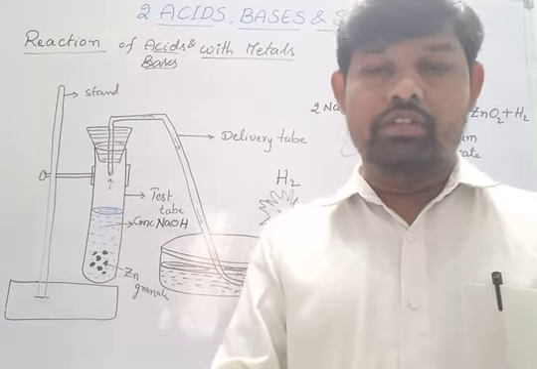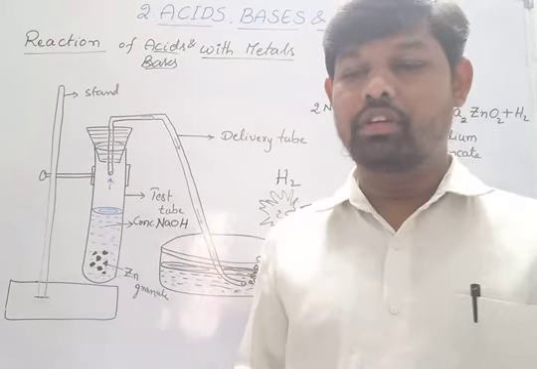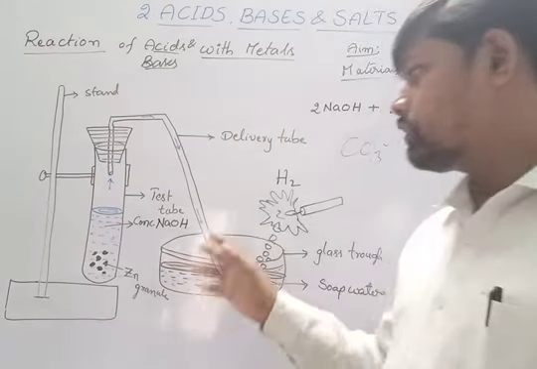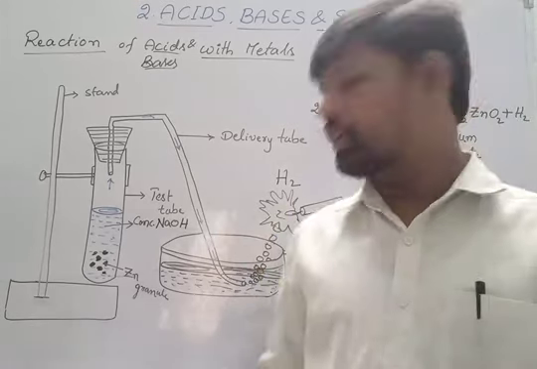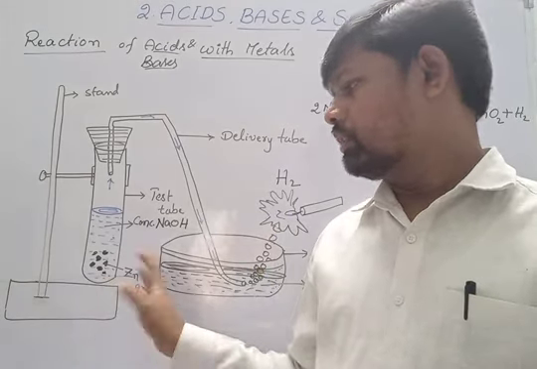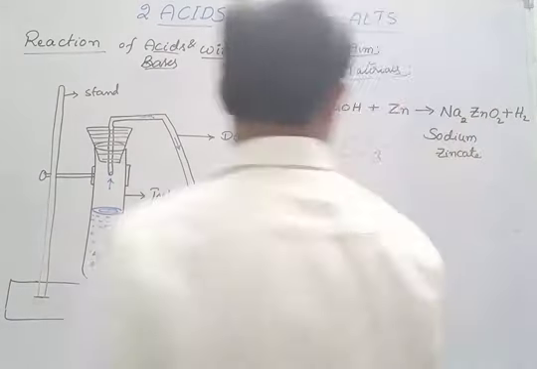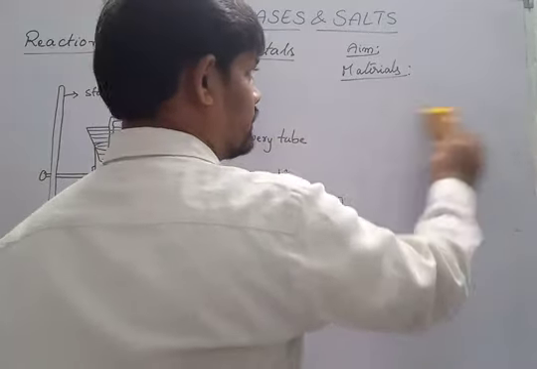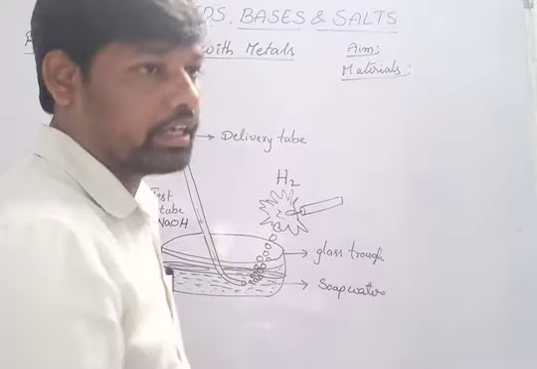Any other questions? Sir, can we use any other metal in place of zinc? Yes, for acids you can use any other metal. With respect to the metal you get its salt, and hydrogen is common.